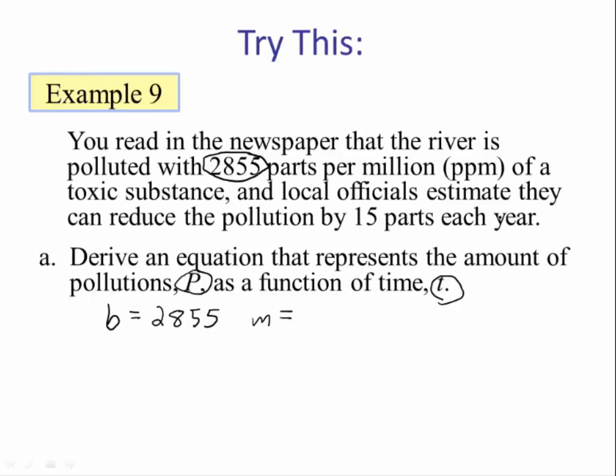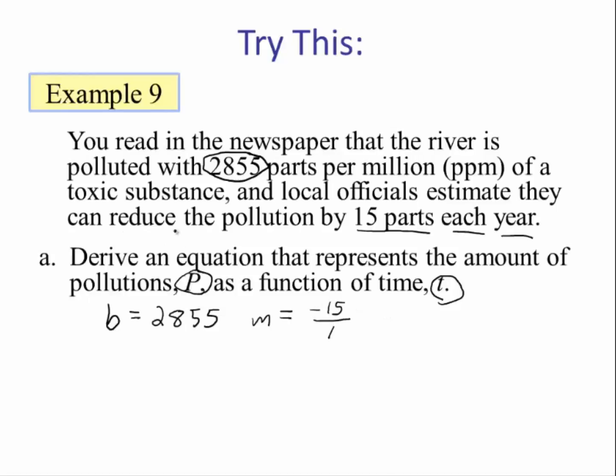In this case, they tell us that the pollution will be reduced 15 parts each year. So that means for every year, P is going to decrease by 15 parts. So our slope is negative 15 per year.